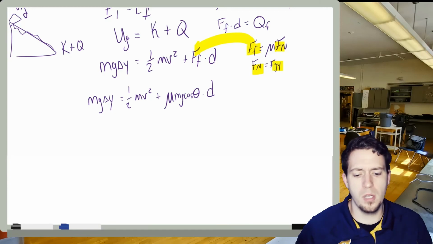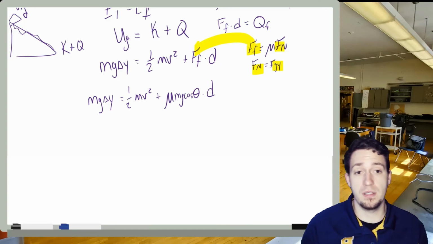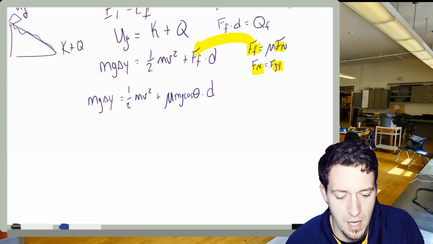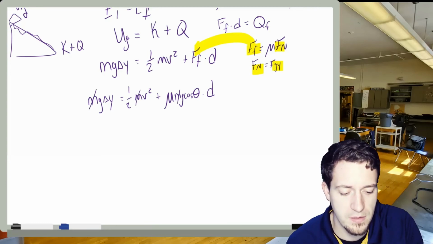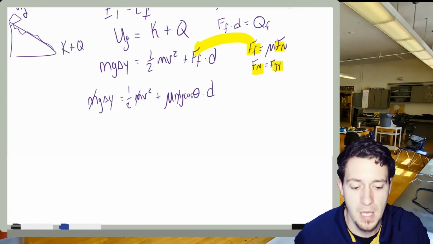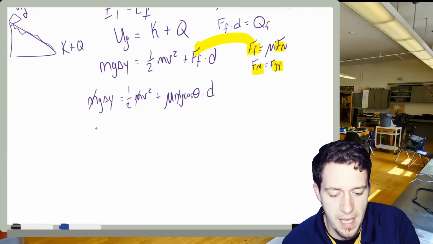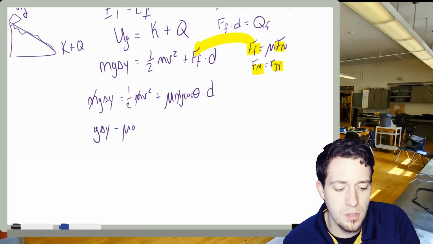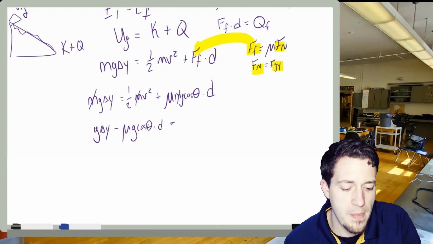And you can see this is where if I'm looking for speed, I can start to cancel things and simplify some stuff. So I could cancel mass, since it is in fact in every term. And then I would subtract some terms over, so I'm going to get g delta y minus mu g cosine theta times displacement, and that's equal to 1/2 v squared.